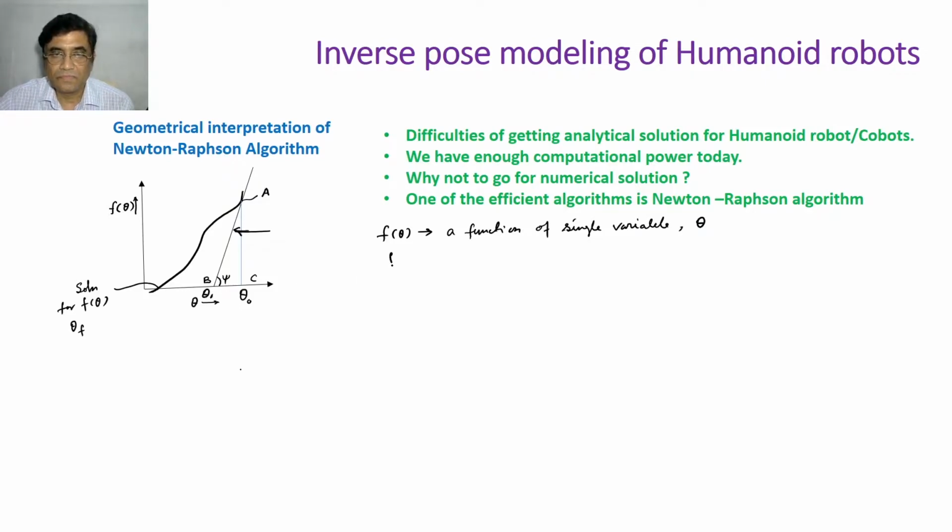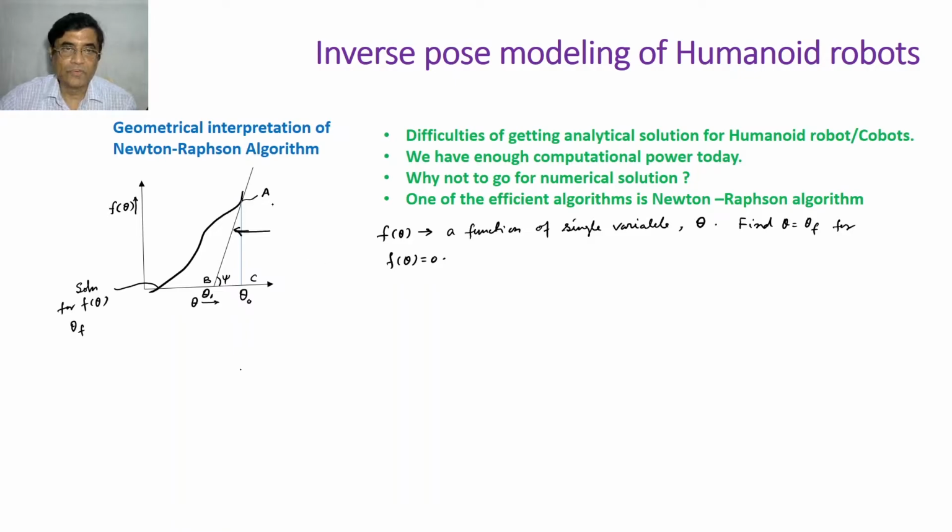So our problem is to find theta equal to final theta for which f theta equals 0. Then only I can say that, by the definition of solution, theta f is the solution of that function.